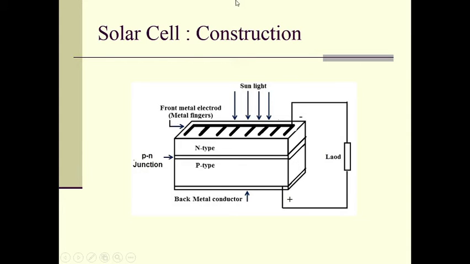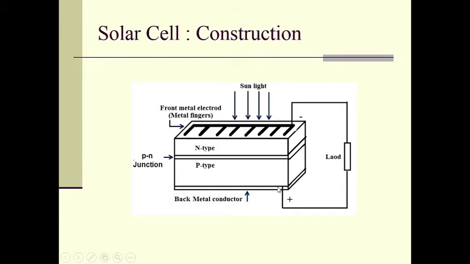So we have this solar cell, with a P type and N type material, and inside we have a PN junction. On the front, on the N type side, we have a front metal electrode or metal fingers, where sunlight will be incident on this material.